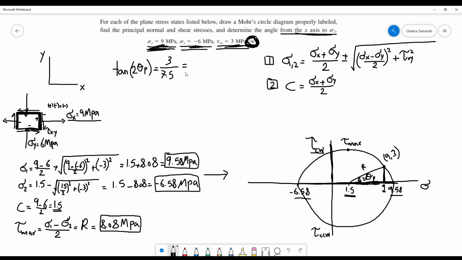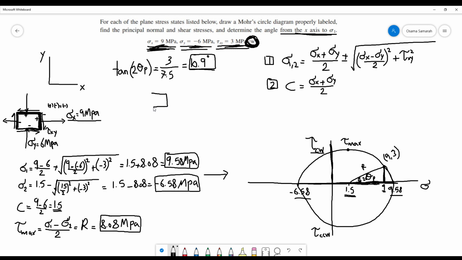So this angle comes out to be 10.9 degrees. So 10.9 degrees, if you want to go from the x-axis to sigma 1, right here. From the x-axis to sigma 1, you have to rotate by this much. You have to rotate the stress element by 10.9, and since we're going clockwise, you have to rotate the stress element clockwise.